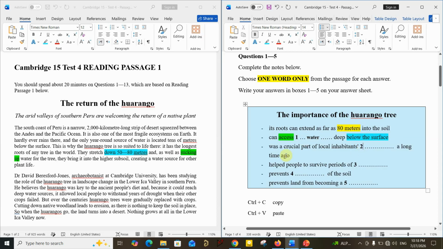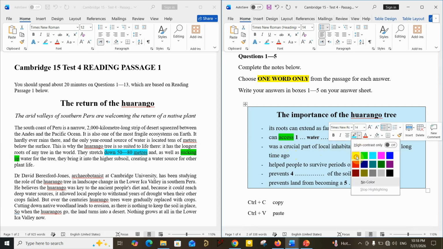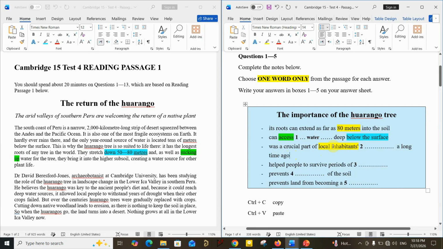Question number 2. Was a crucial part of local inhabitants what a long time ago? So for local inhabitants, they could be using people. Maybe for a long time ago they could be using another phrase, something like years ago, the ancient times.